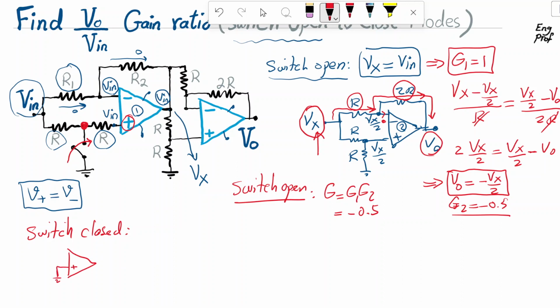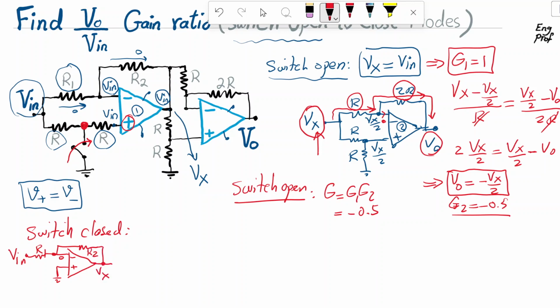grounded. And then the negative input terminal would also end up having 0 voltage, but then connected via R1 to Vn, and via R2 to Vx.